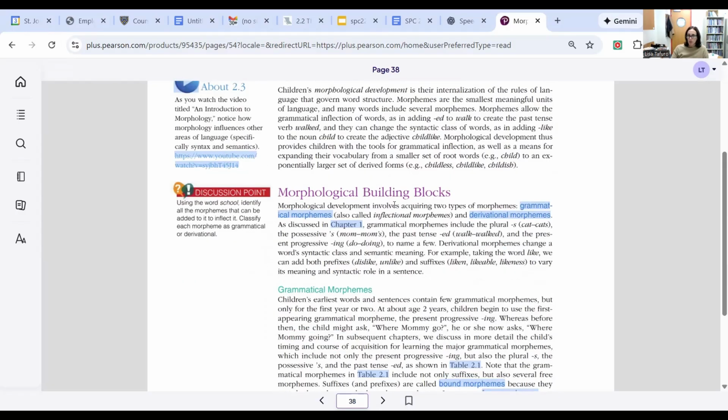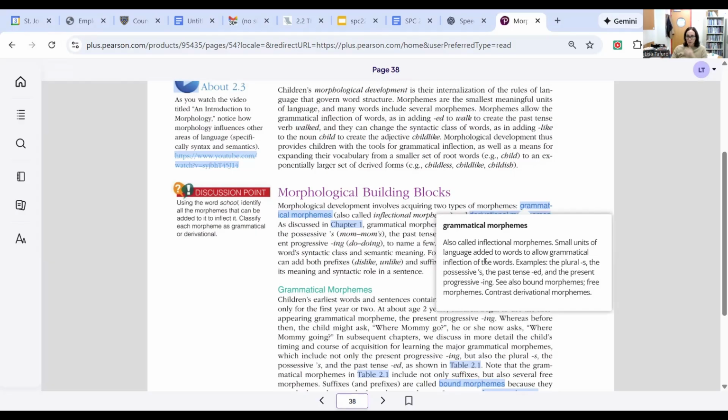So when we think about what the building blocks of morphology or morphological development are, they're generally what we call grammatical morphemes, right? We also call them inflectional morphemes. And then the other group of morphemes are called derivational morphemes. So a grammatical morpheme or inflectional morpheme is the unit of language that's added to the word to allow some grammatical precision, if you will.